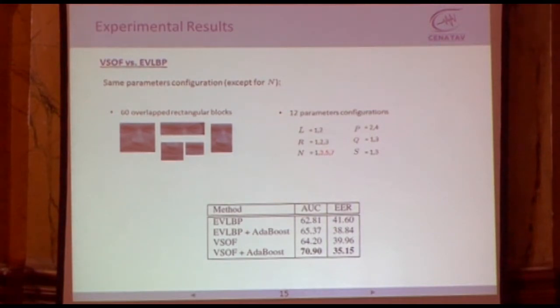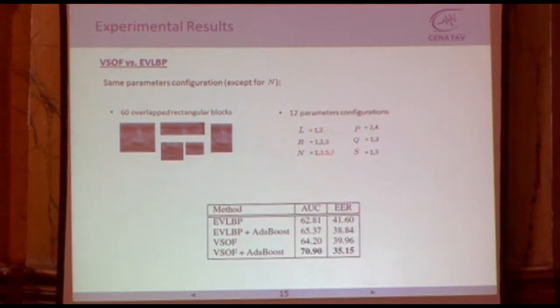The only difference between extended volume LBP and our representation is the parameter we have added, that is the size of the regions to compare. So the extended volume LBP only has one, which is 1 pixel, but we compare regions of 3, 5, and 7 pixels.